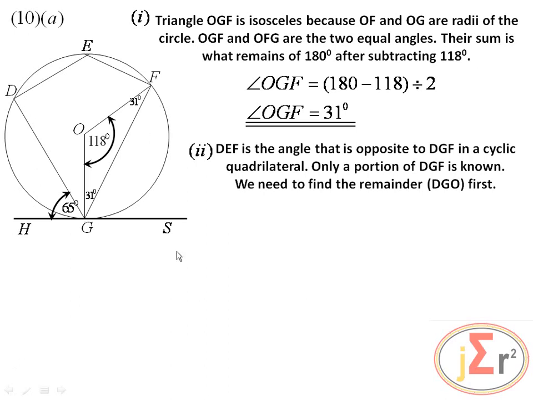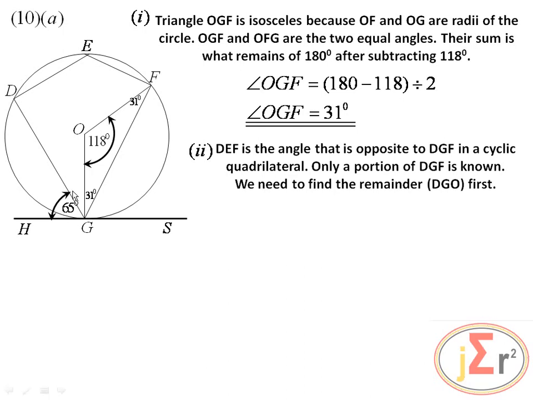Those are the angles, and they are present in a cyclic quadrilateral. We have them in a cyclic quadrilateral, and they are opposite to each other. Opposite angles of a cyclic quad add to give 180 degrees, or we say they are supplementary.